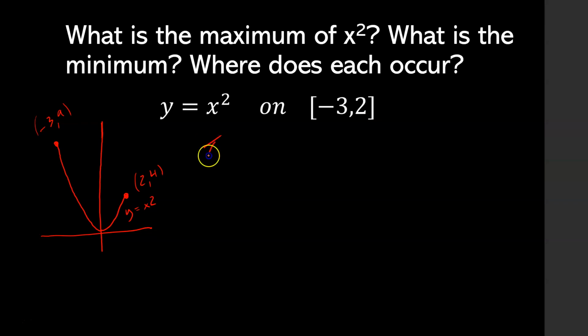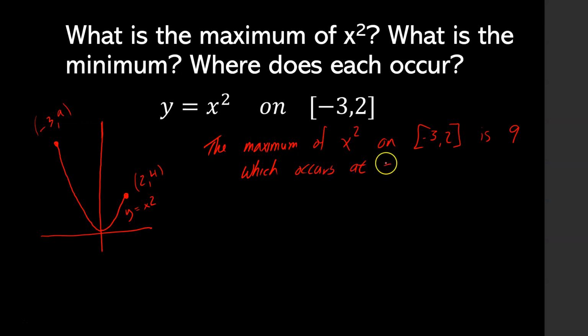It sure does. So the maximum of x squared on the closed interval [-3, 2] is 9. That's y equals 9. Don't forget, the maximum is the y value. Okay, so I'm going to say the maximum of x squared on the closed interval [-3, 2] is 9, which occurs at x equals -3.